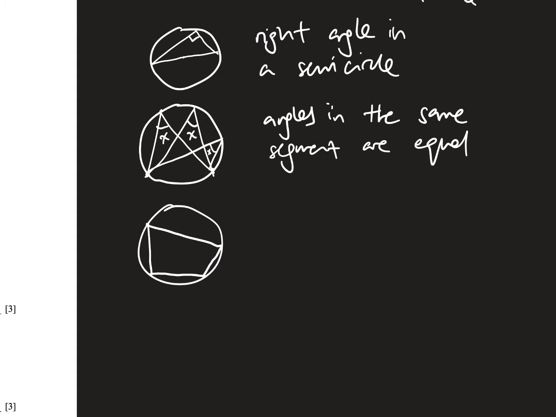Let's call this angle A, angle B, angle C, and angle D. And now you'll see why I color-coded them, because this property says that angle A plus C gives me 180 degrees, and angle B plus D will also give me 180 degrees. And so it means that the angles in opposite segments are supplementary. Supplementary means they add up to 180 degrees.